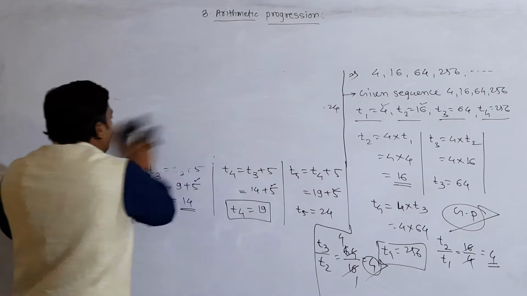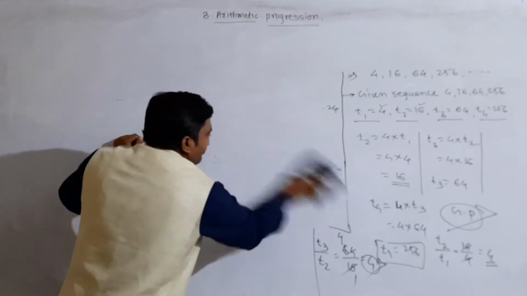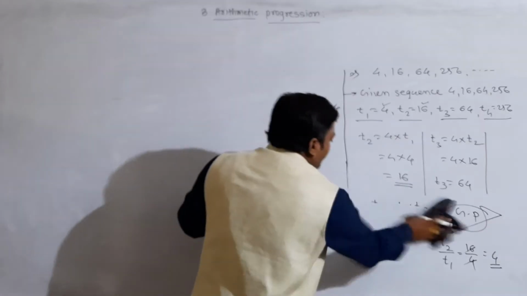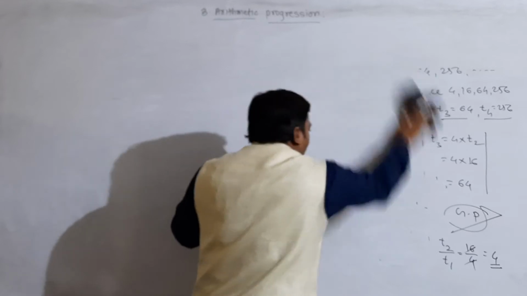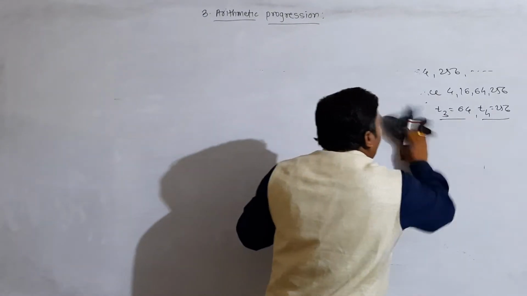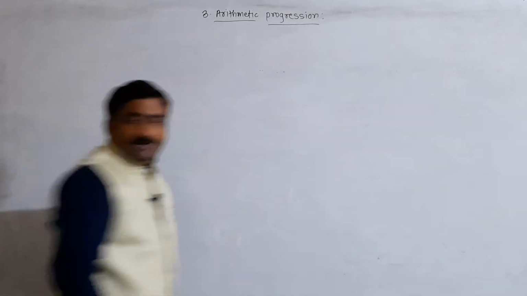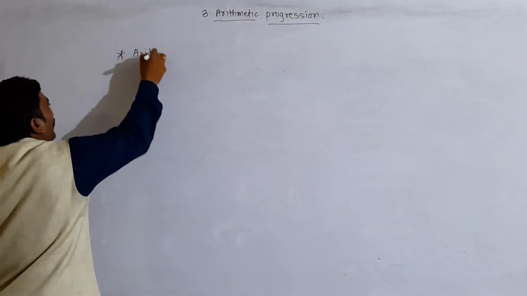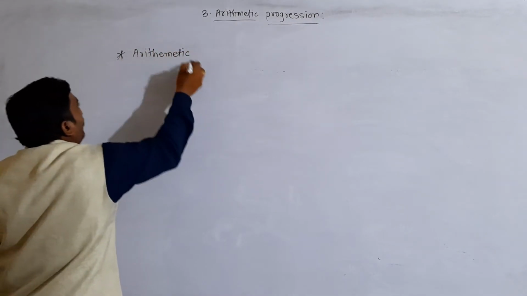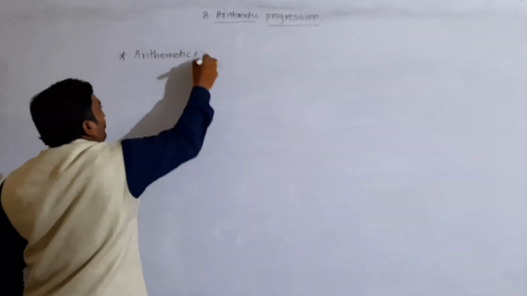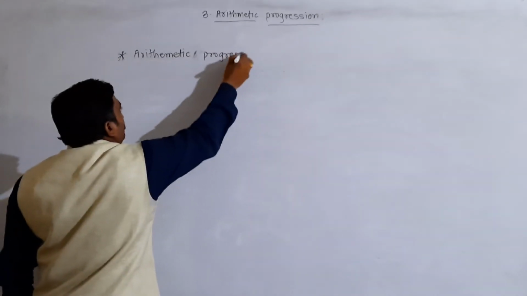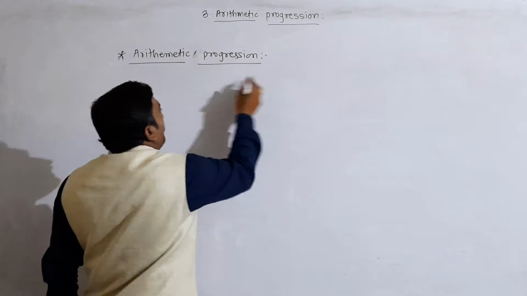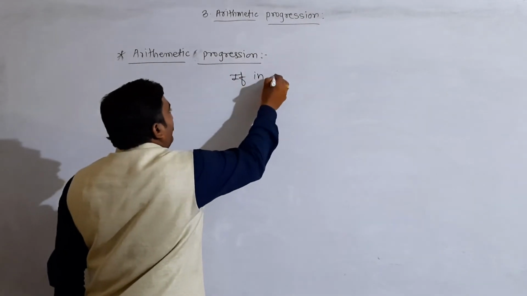The definition of arithmetic progression is that if in a sequence the difference between consecutive terms is constant, then that sequence is called arithmetic progression. So we can write here the definition of arithmetic progression. How can we define it?